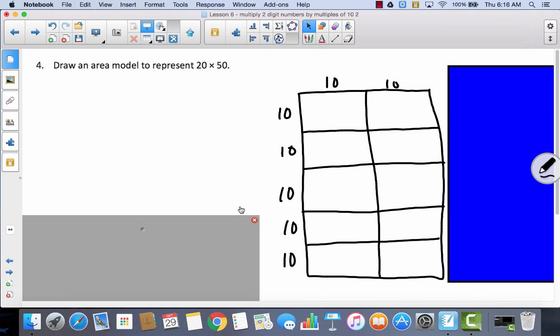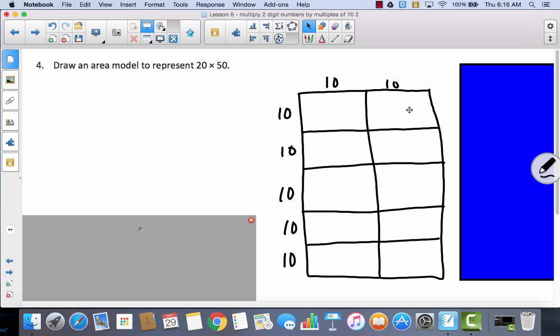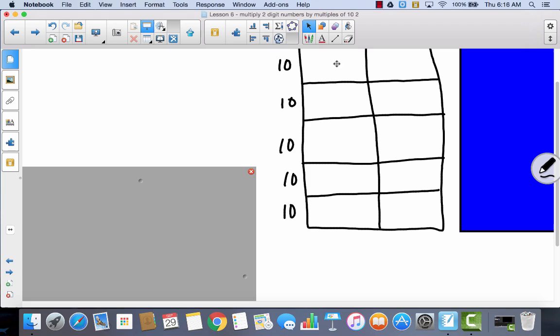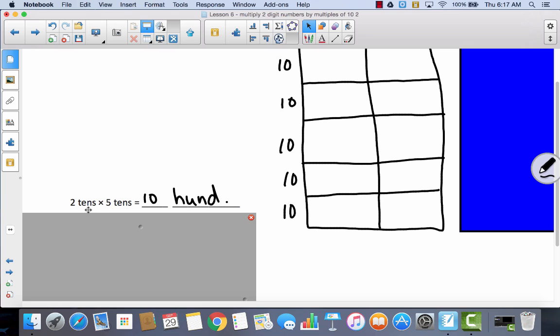I drew 2 tens across the top and 5 tens going down. So again, I still know that 10 times 10 makes 100. So each of these boxes would have a value of 100. So if I went through and counted all of the boxes, 1, 2, 3, 4, 5, 6, 7, 8, 9, 10, that would tell me that 5 tens times 2 tens is equal to 10 hundreds.